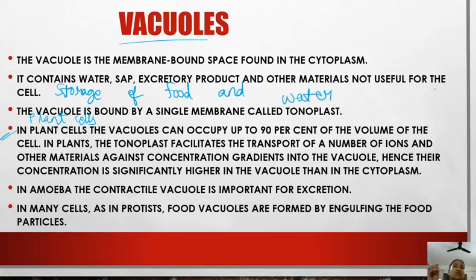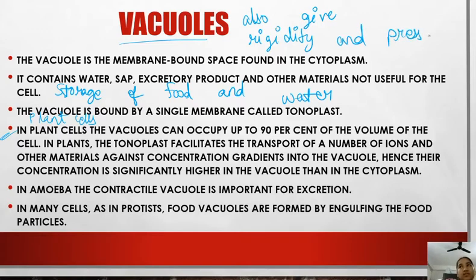Now, do not confuse between the vacuoles and the suicidal bags, the lysosomes. I had mentioned that both have the waste materials, but the lysosomes digest the waste materials. But these vacuoles even give the rigidity and pressure to the plant cells.